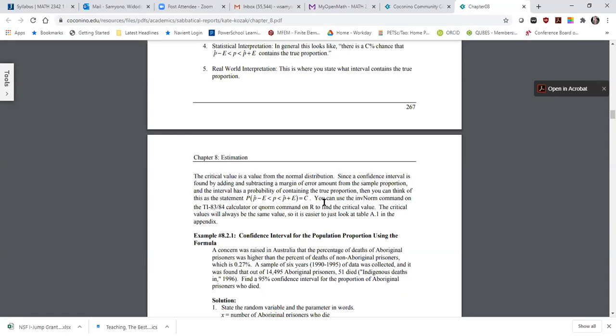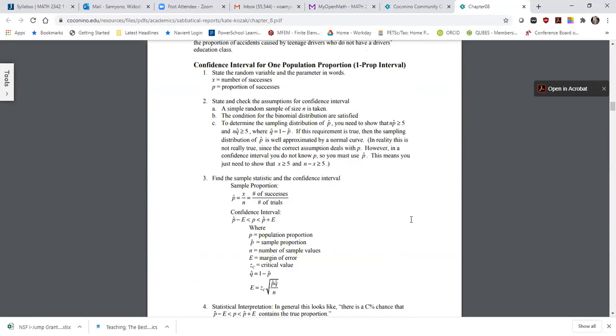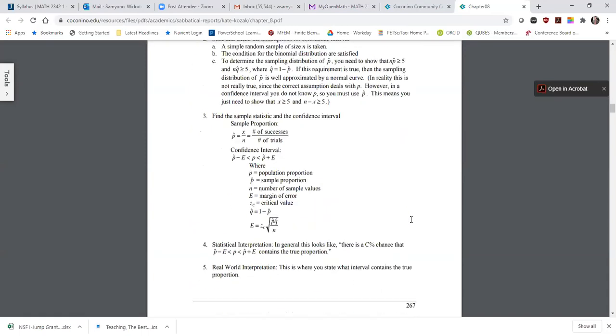So you can use the inverse norm command on the calculator or qnorm in R to find the critical value. Yeah, so this is for the proportion, okay.